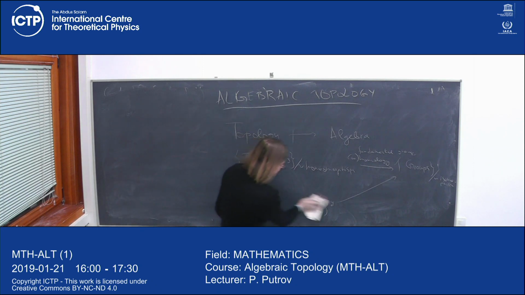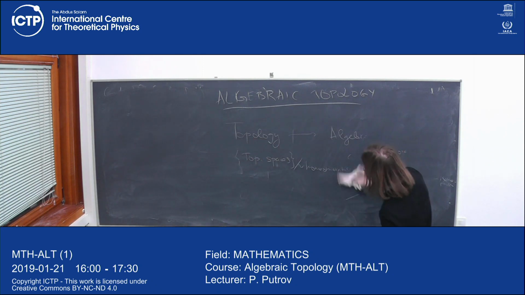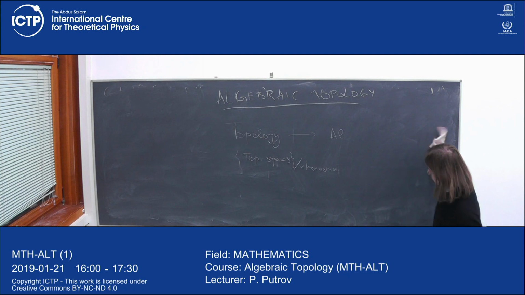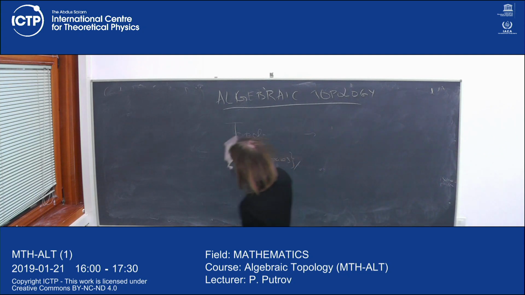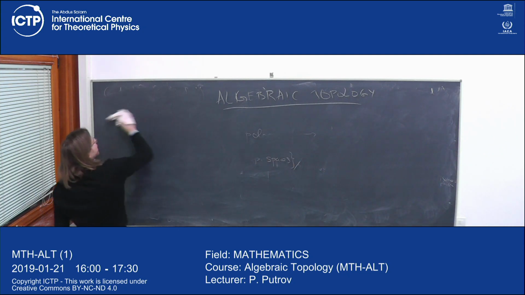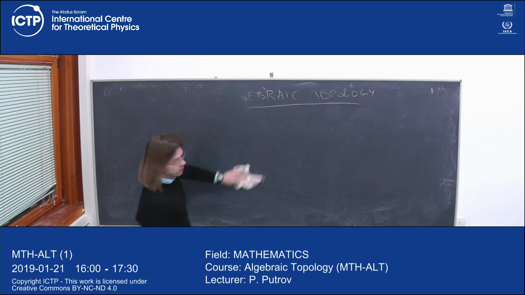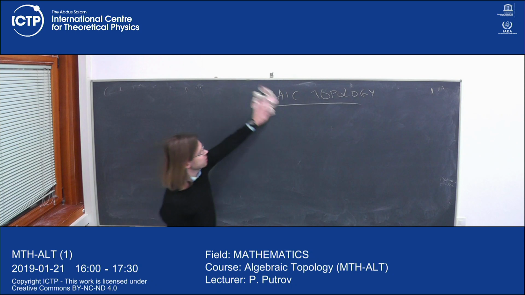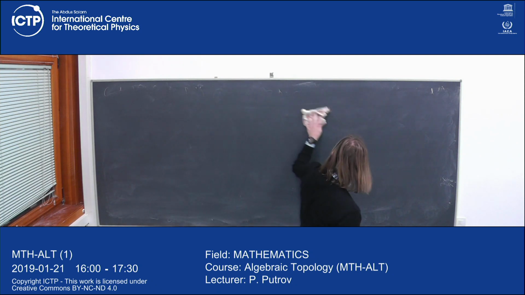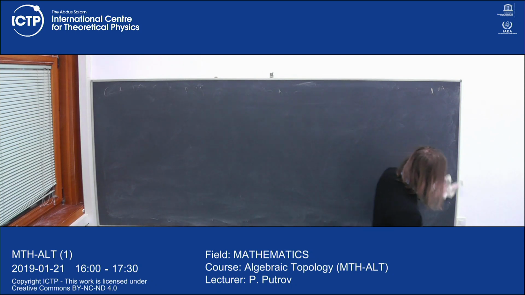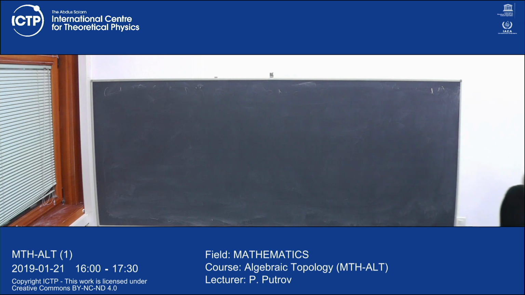As usually happens in the beginning of some theory, we have to introduce some definitions. So the first lecture will contain a lot of definitions. But it's important to do this.